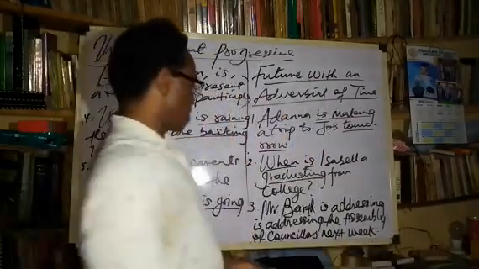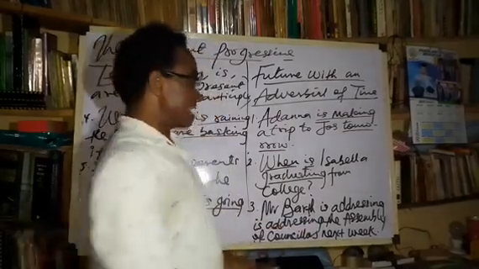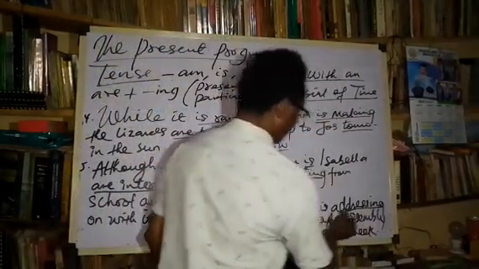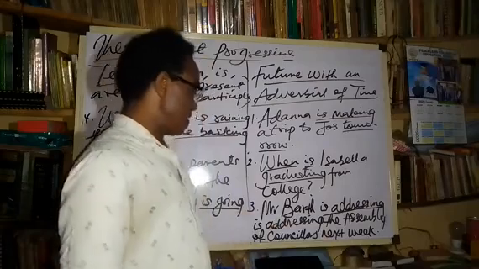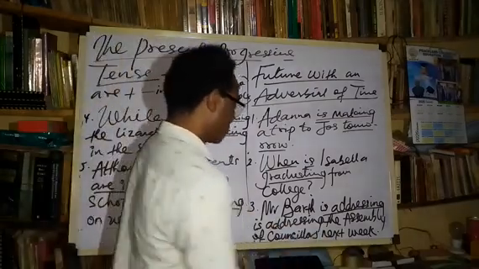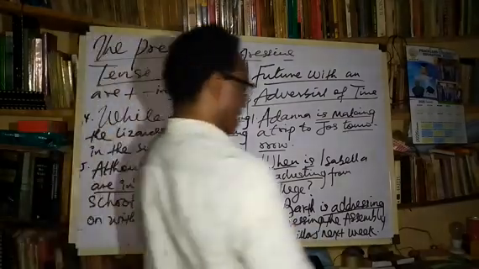Number 3 says, Mr. Bat is addressing the assembly of councillors. Sorry, I wrote is addressing twice.